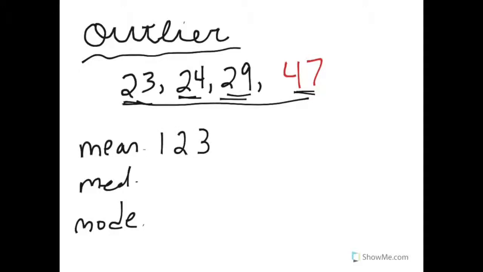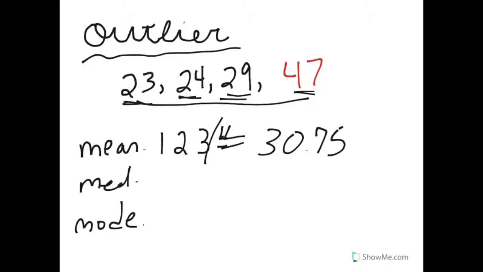That's with all 4 teachers. Then I divide 123 by 4, which would give us 30.75. Okay, so the mean, or the average age of the new teachers, is 30.75.